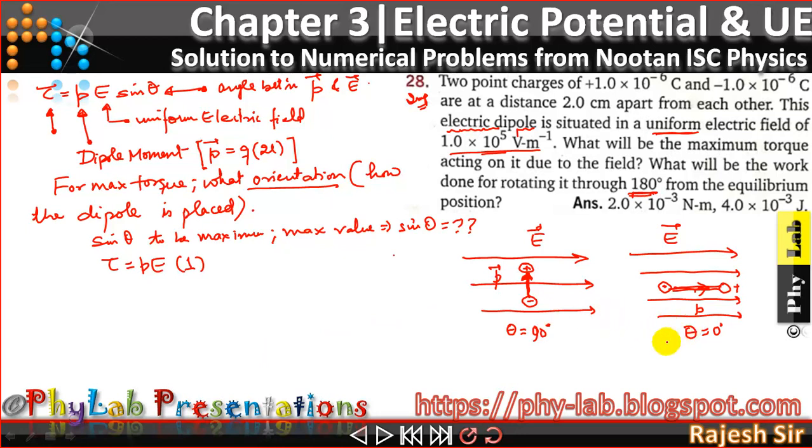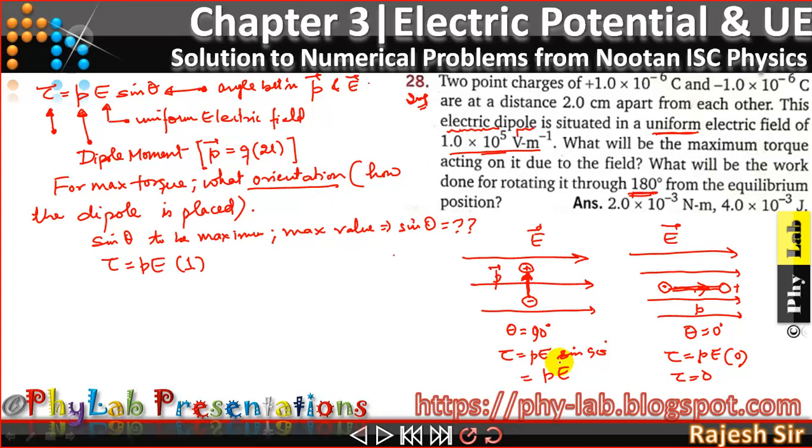Now if the dipole moment makes an angle of 0 degree, what will be the torque? Torque will be once again PE, and sin 0 is 0. So torque will be 0, friends. Here torque is PE sine of 90 degree, and what is sine 90 degree? That is 1. The torque is equal to PE. So once you start placing the dipole in different orientations, you would get different values for torque.